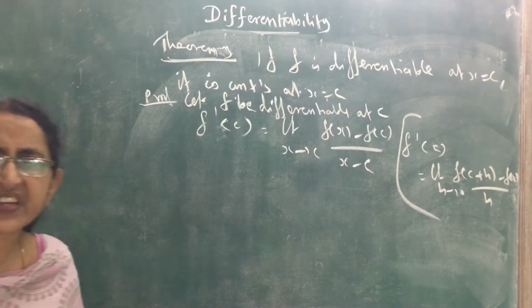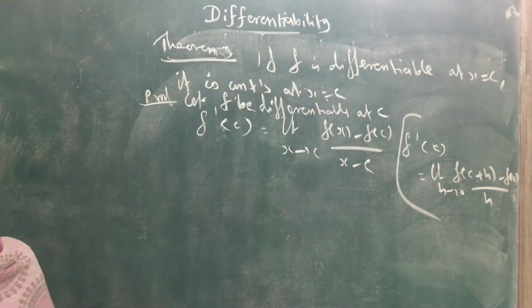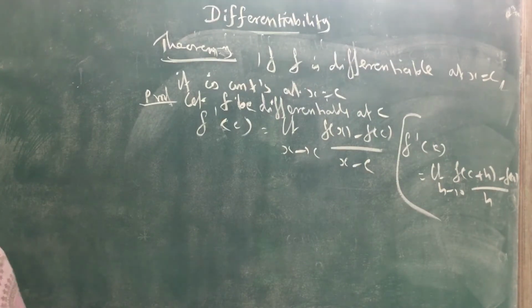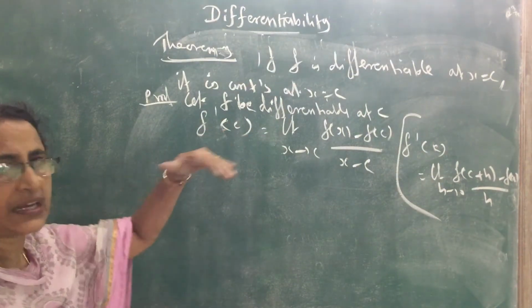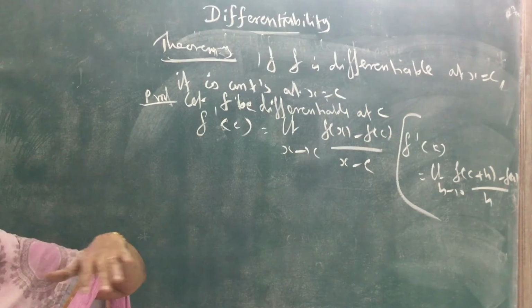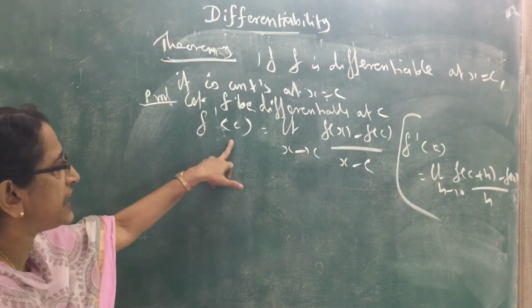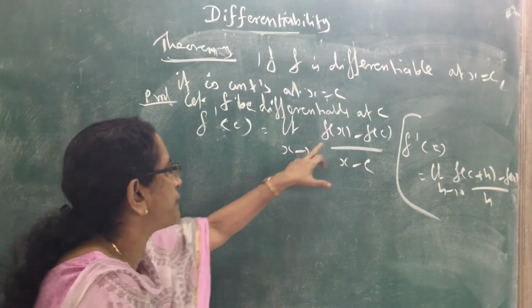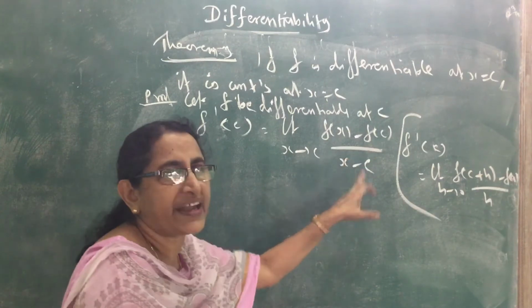Let f be differentiable at c. That means derivative exists at the point c. Then if it exists, it is defined as f dash c equal to limit x tends to c f of x minus f of c by x minus c.